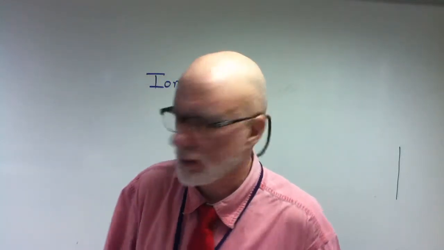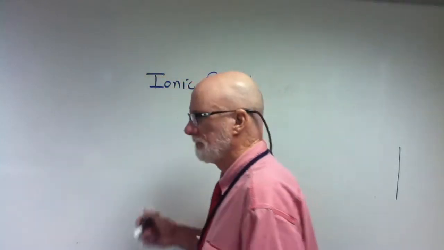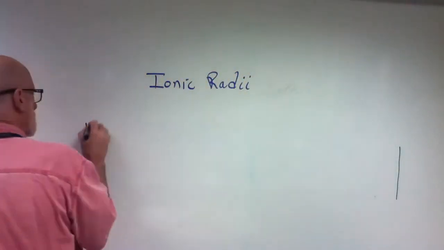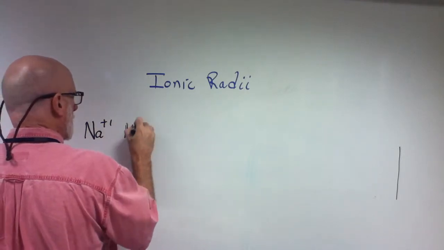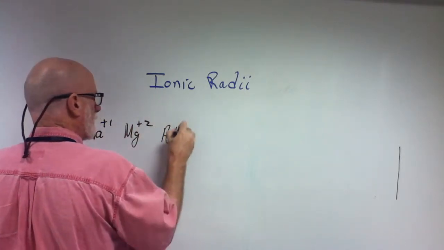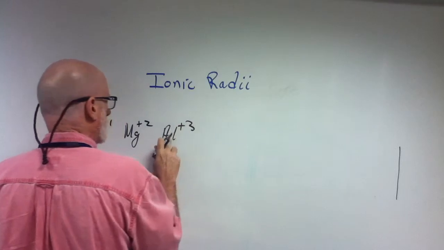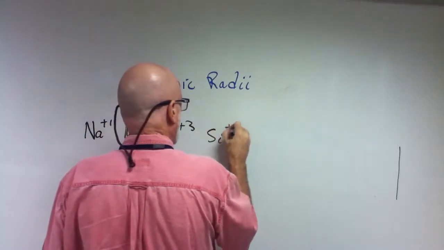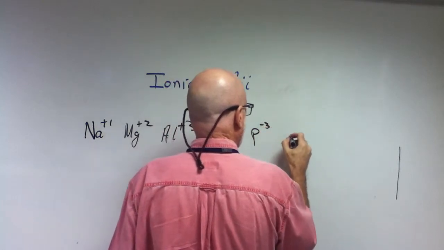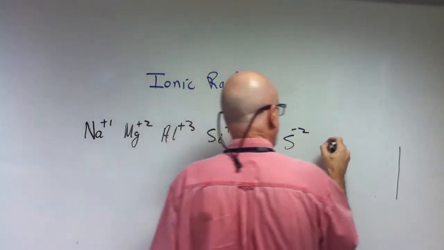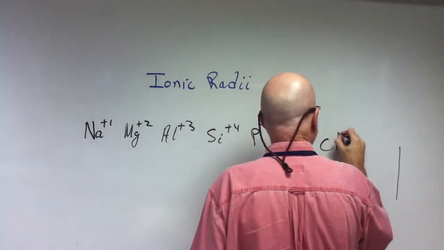Okay, so let's organize. I want to organize from left to right: sodium, magnesium, aluminum, silicon, phosphorus, sulfur, chlorine.